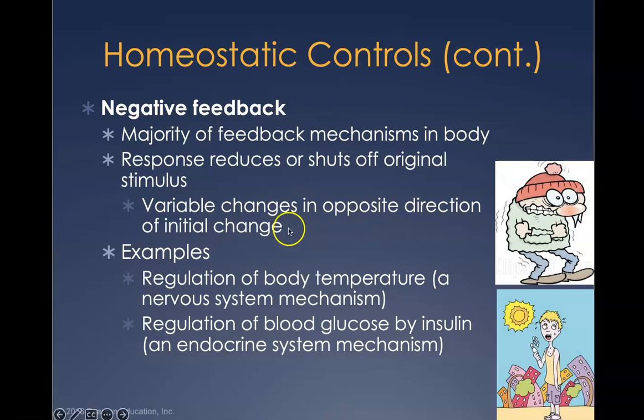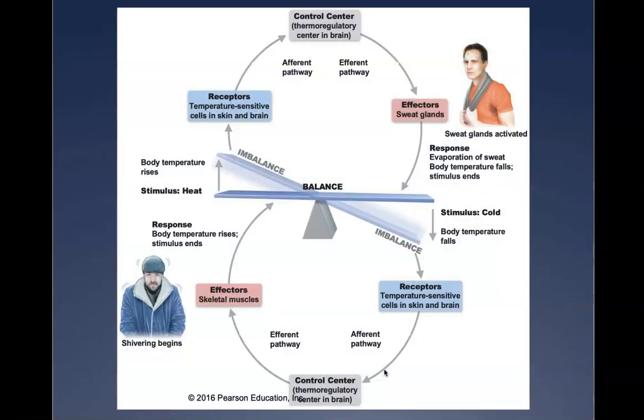So there are lots of different examples in the body, like regulating body temperature. So here's your seesaw. If you have a stimulus that increases your body temperature, you are exercising and your muscles are contracting and you produce lots of heat, your body temperature rises. You have receptors in your body that are detecting that rise in temperature.